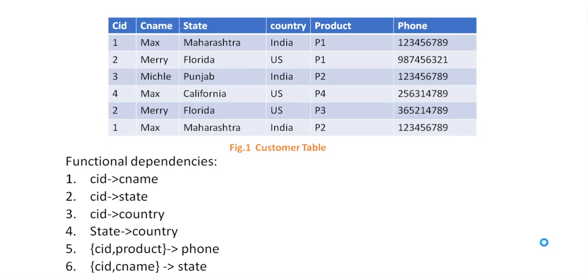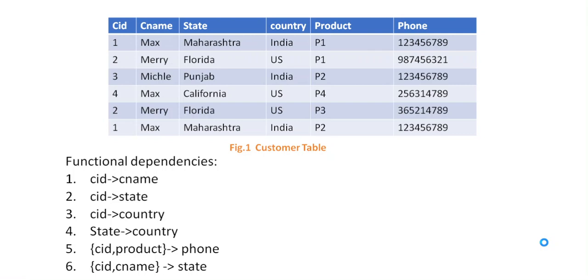It is also true. If you say customer ID 1 is from India, then if you repeat that value of customer ID, the value of country will be the same. So customer ID is determining state. Customer ID is determining country. See, customer ID 1 is from Maharashtra and from India.